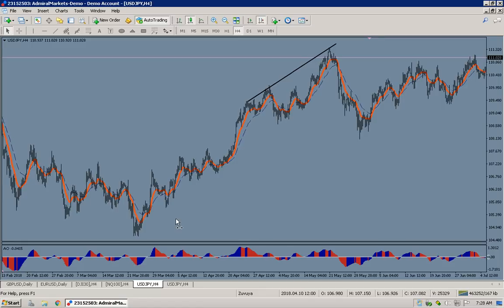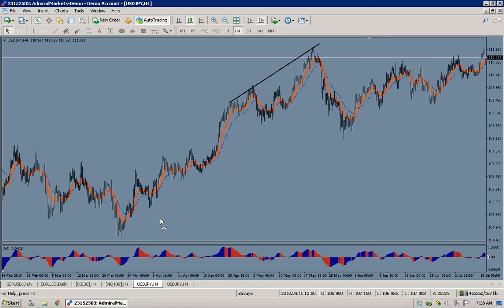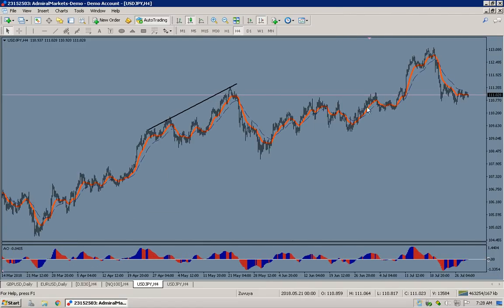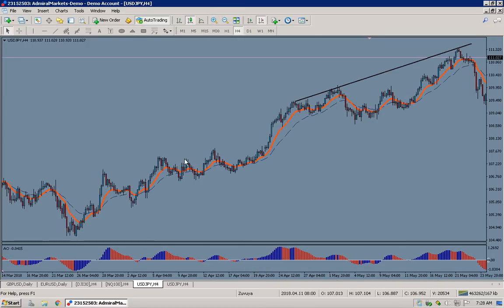We're looking from that low at the same structure as on the daily chart, but you have so much more movement in here. In essence, you've got to treat each section as its own trend. And so you can do that.